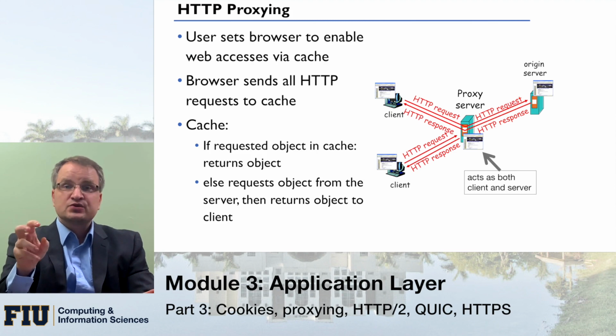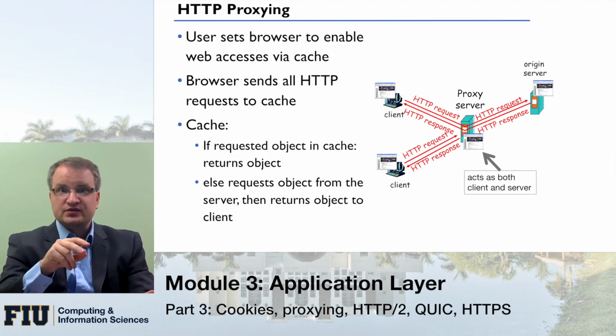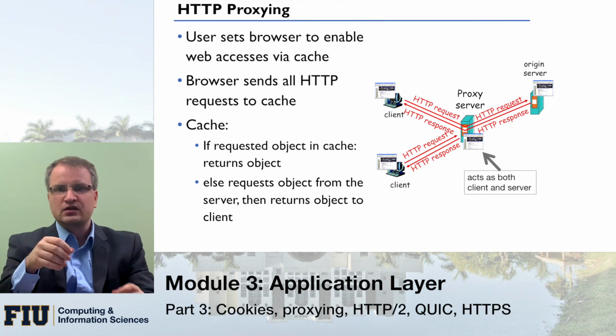So this proxy server in today's environment actually exists in the web browser itself. When you go to any web page, the web browser has its internal proxy server. I mean, it's not called a proxy server, it's just called some form of a cache, but there is something internal to the web browser that is pretty much the proxy server.